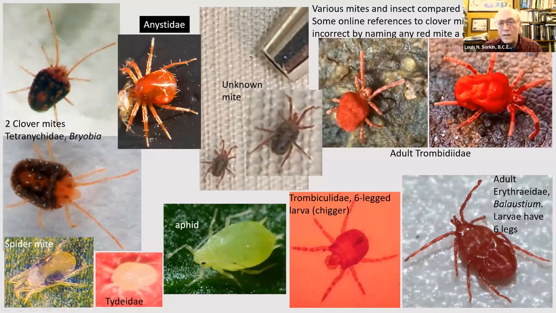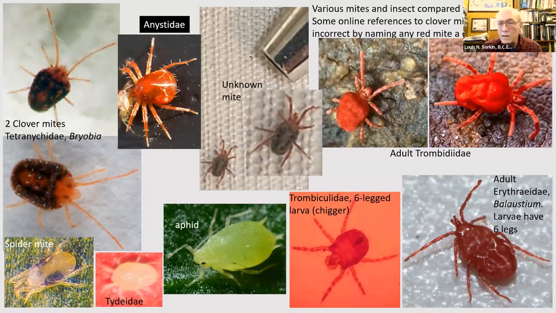Many times, a lot of these other red mites have been on Facebook and on some of the pest-related sites called clover mites when in fact they're not. This is an aphid, this is an insect, just to show you the similar body shape to mites, and sometimes they're misidentified as mites. Sometimes some of the mites are misidentified as aphids.